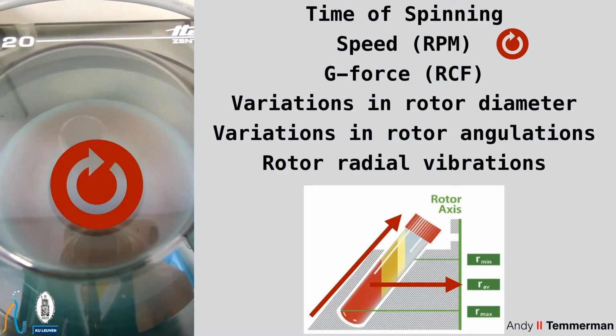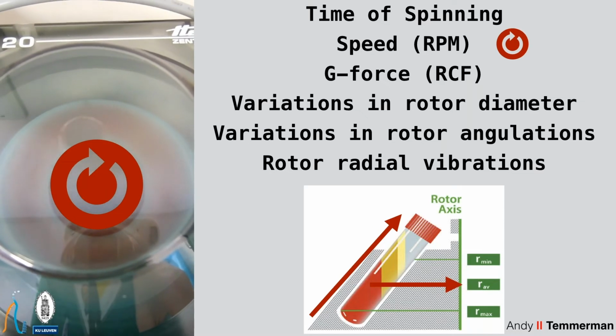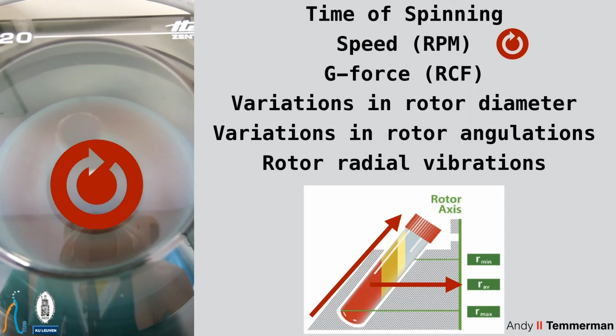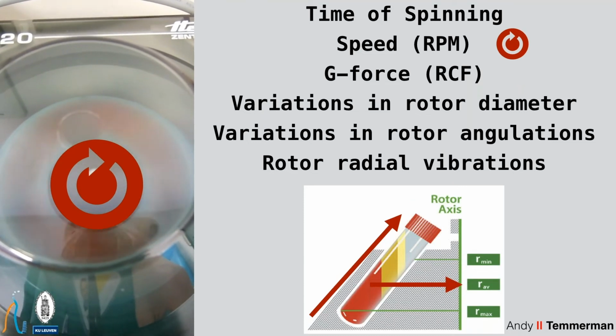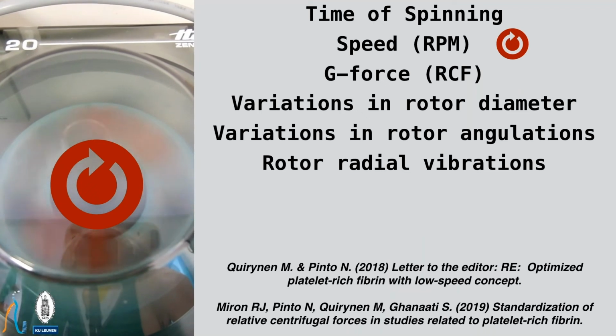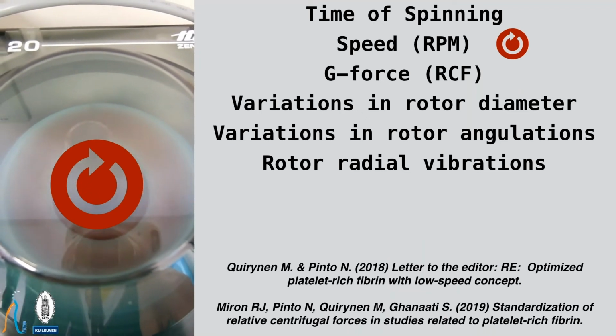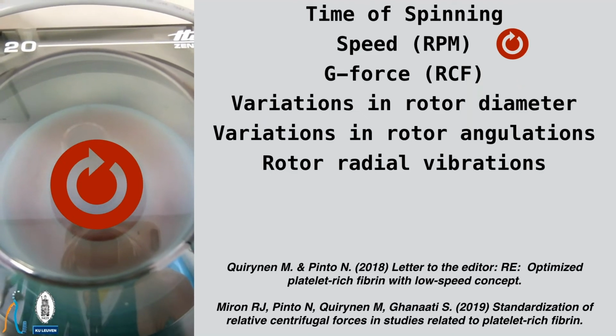Also at higher g-forces, the radial vibrations will exponentially increase, which will have a negative impact on the clot formation, but also on its three-dimensional fibrin network. If you want to know more on this behalf, I would suggest that you read these two publications, which you can see on the screen, that will go into more detail.